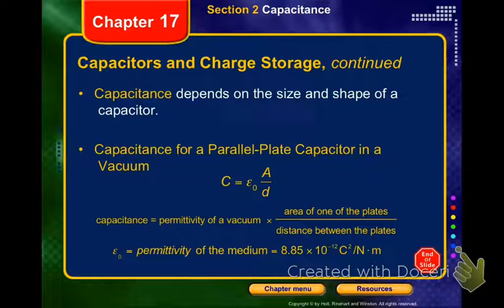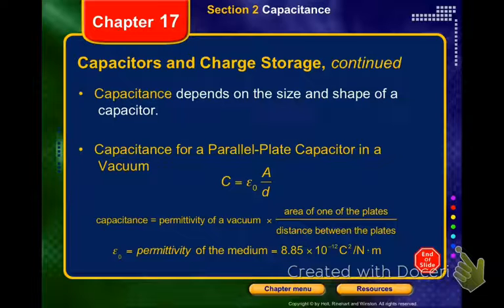If we look at another equation, it says capacitance for a parallel plate capacitor in a vacuum. It gives you C for capacitance, that lowercase e naught, that stands for permittivity of the vacuum itself. That is a constant that it gives you there at the bottom. That's another Greek letter called epsilon. So that's your permittivity.